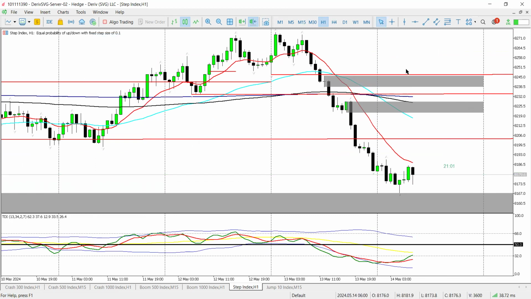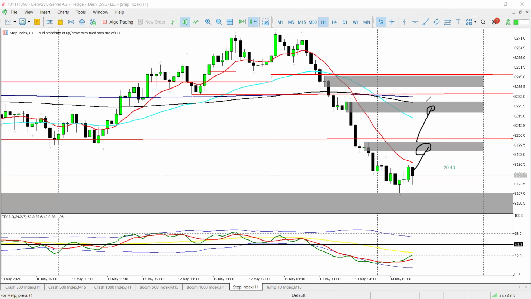These are just points of interest. So if we want to buy, those are the targets which we'll actually be heading towards. Then we also have this zone here, which is also in line with this area which was broken. So those are the 3 points of interest where price can go to, or even up here, or even up here. But in terms of a clean buy setup, I do not have any.